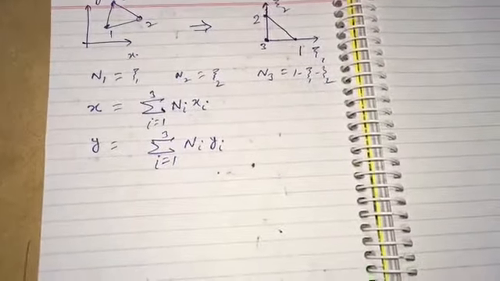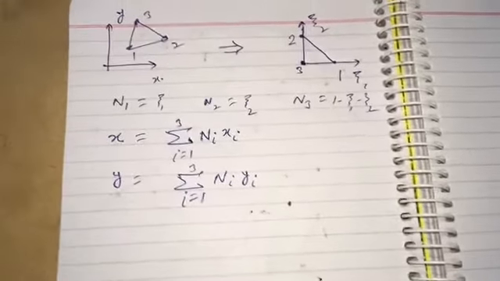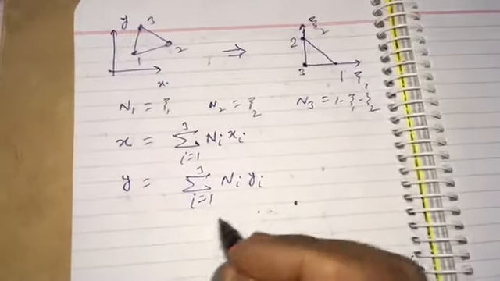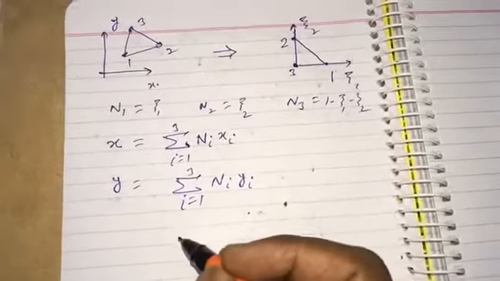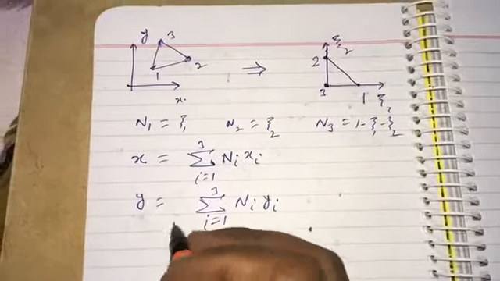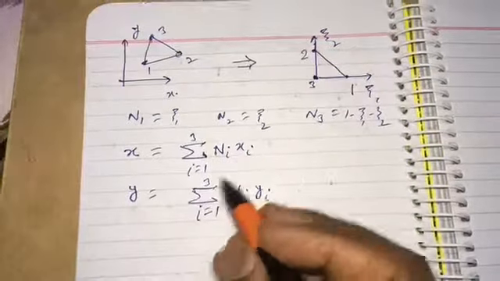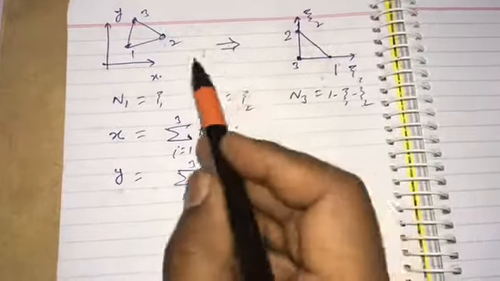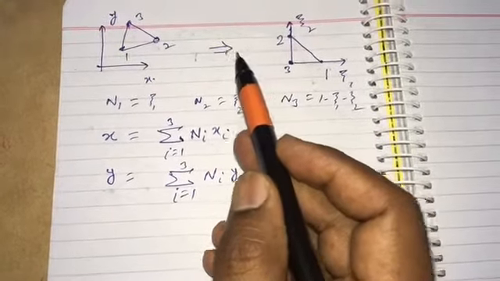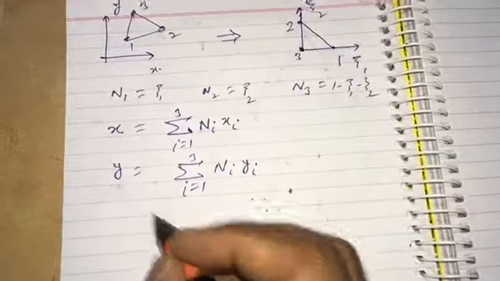Once we have the relationship between the two coordinate systems, the next task is to find the area, or relate the area, in other words. We know that in order to find the area, we have to know the Jacobian matrix, as we did in the last lecture video. So what is the Jacobian here?